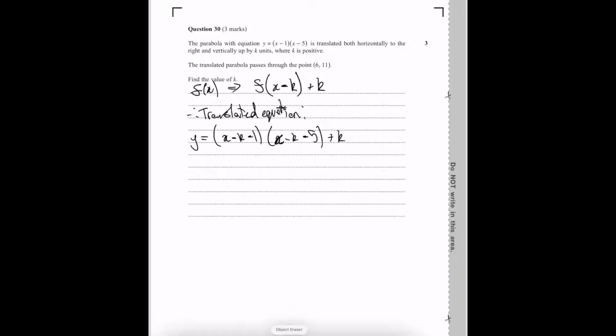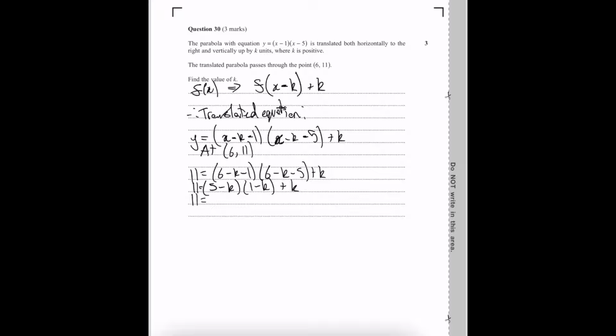And so we know it passes through the point 6, 11. So at 6, 11, we have 11 equals 6 minus k minus 1 outside of 6 minus k minus 5 plus k. If we simplify those brackets a little bit more, we have 5 minus k outside of 1 minus k plus k.